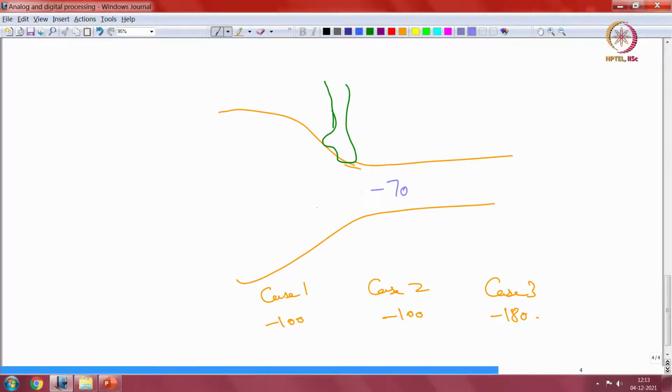So, case 1 minus 70 minus 70 is minus 170, cell is hyperpolarized, minus 170 cell is hyperpolarized, minus 170 hyperpolarized. What happens to signal generation at the axon? All these input signals of varying currents result in no action potential.